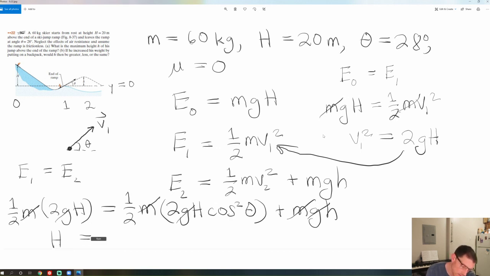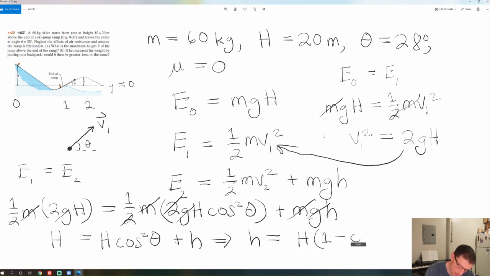And here we have the 2's going away, and we find that this just works out to be H cosine squared of theta plus little h, right? And we don't have to do much work to solve for little h, so let's just do that. We find that it's going to work out to be big H times 1 minus cosine squared of theta, like that, upon simplifying it.